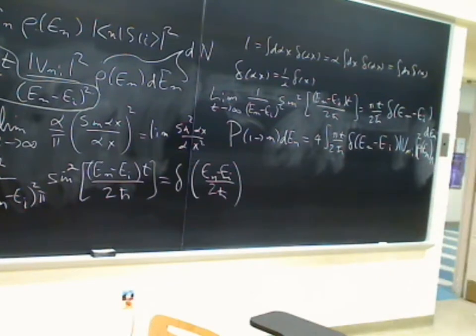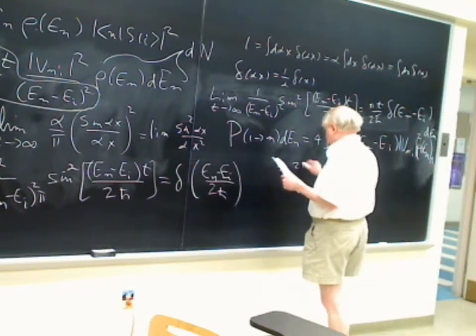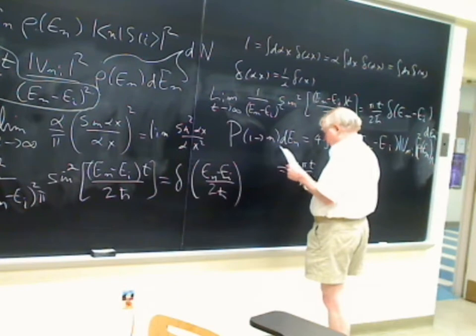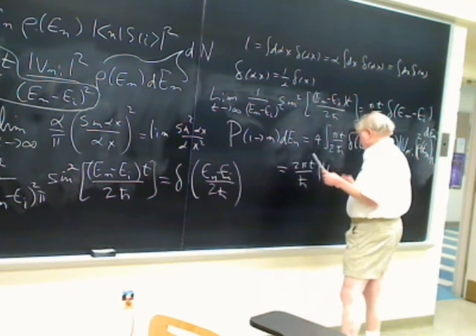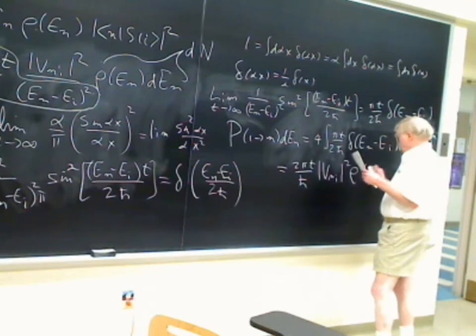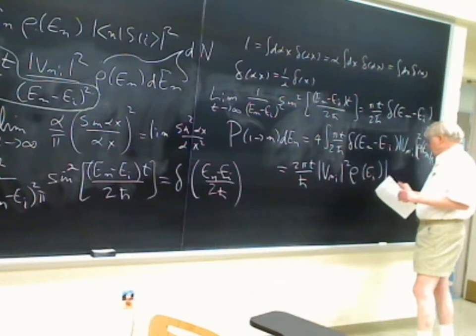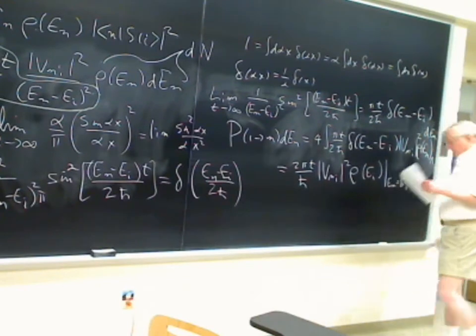And of course the delta function, always our friend, saves us, and this becomes simply 2 pi t over h bar |Vni| squared rho of Ei, evaluated at En equals Ei.